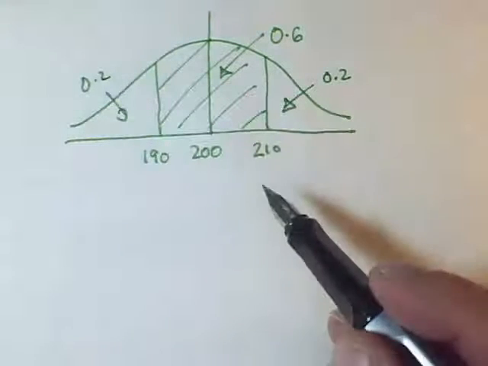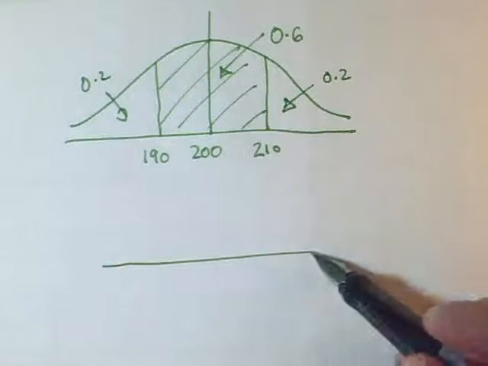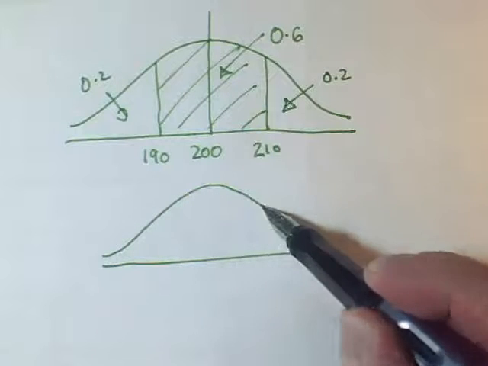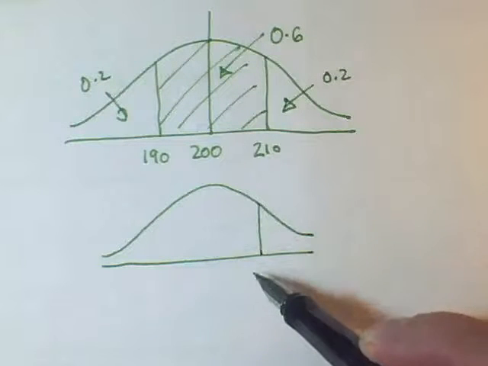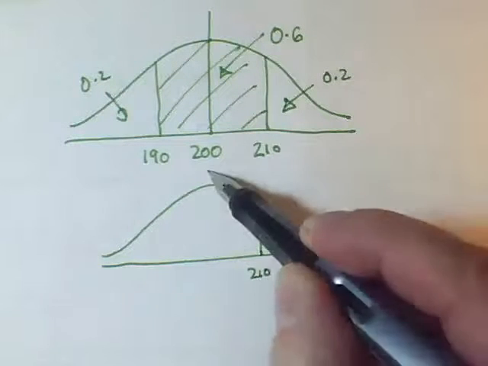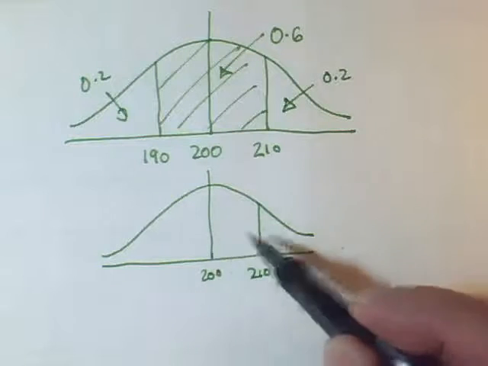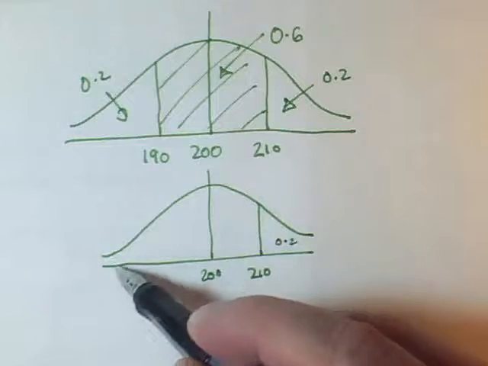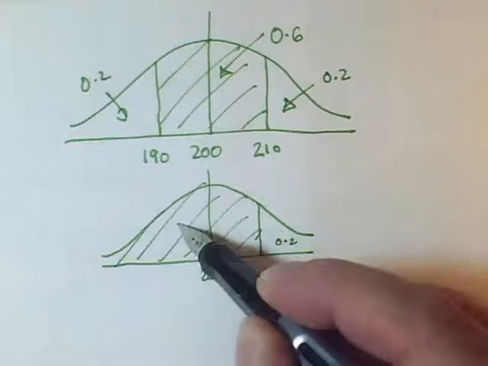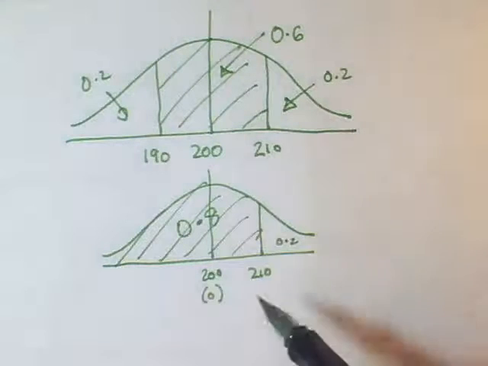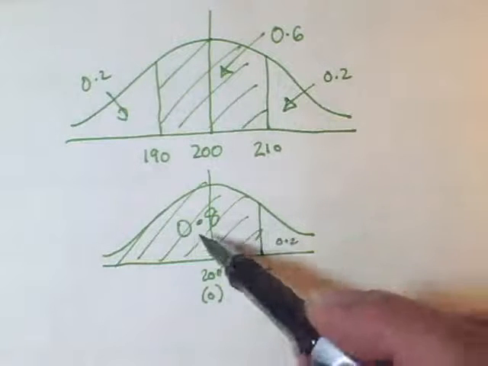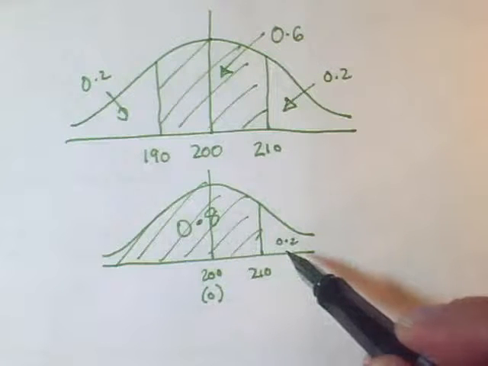So now we can just draw a simpler diagram that shows that we have 210 here, we have the mean at 200, and this bit here is 0.2, but this bit here is 0.8. But whichever of these we end up using, it's important to realize that this is a value of a probability of P.